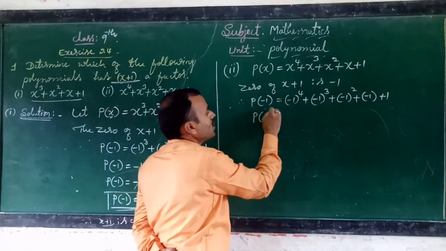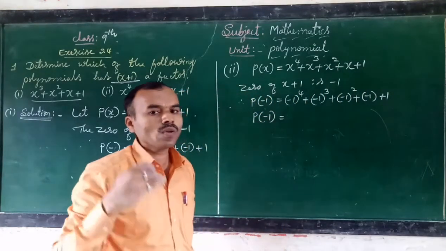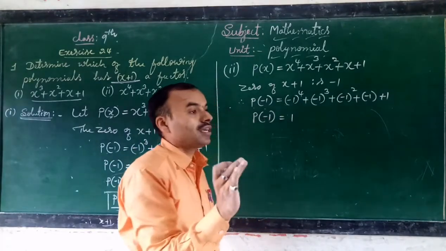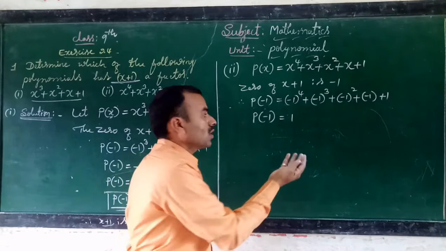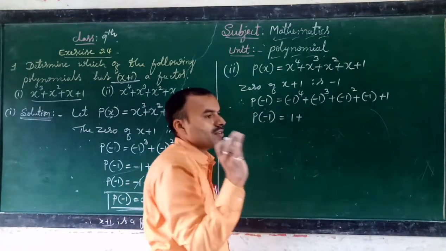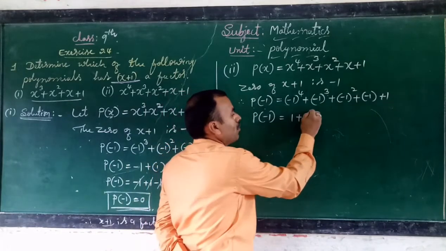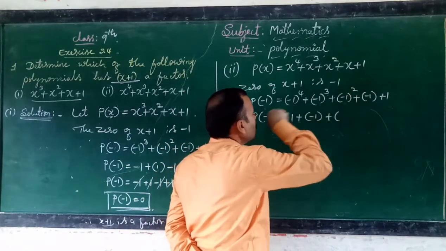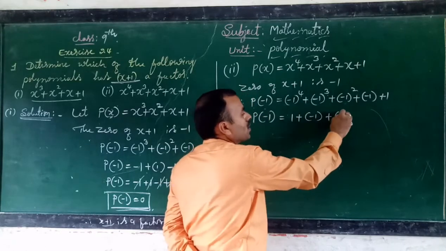P of minus 1 equals minus 1 whole to the power of 4, it is plus 1, minus 1 multiplied 4 times becomes positive. Plus here 3 times, minus 1 into minus 1 into minus 1, it becomes minus 1. Plus minus 1 two times, the product is plus 1.